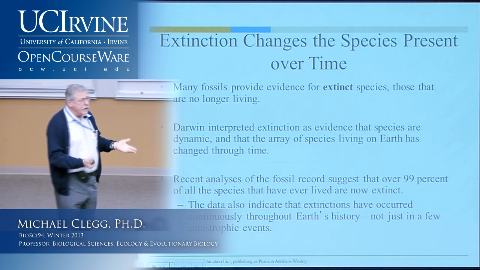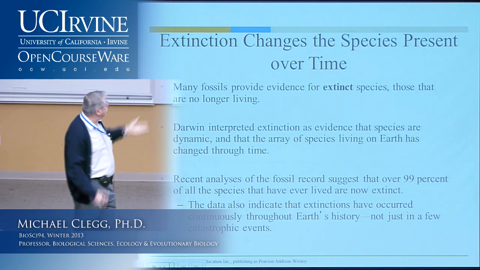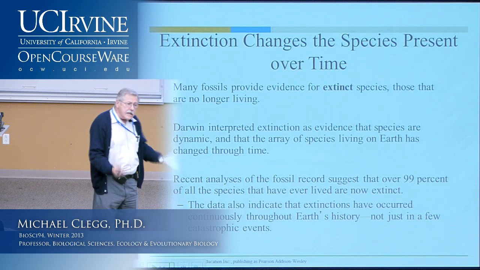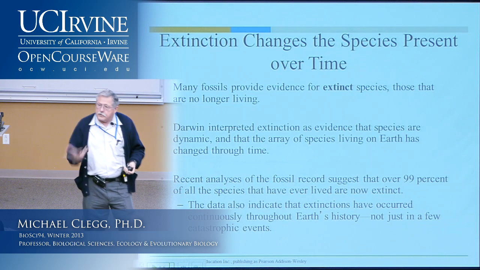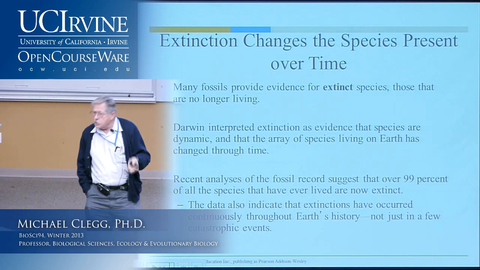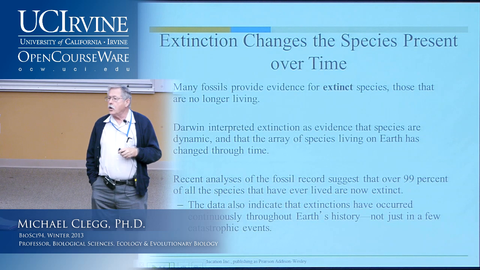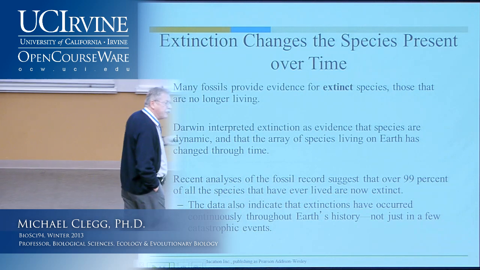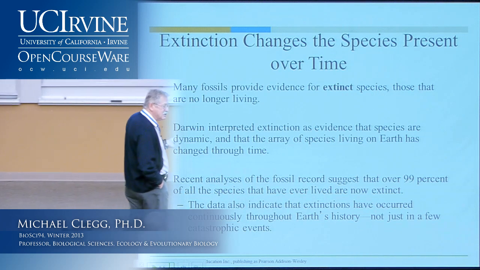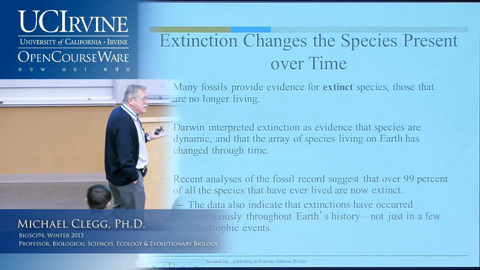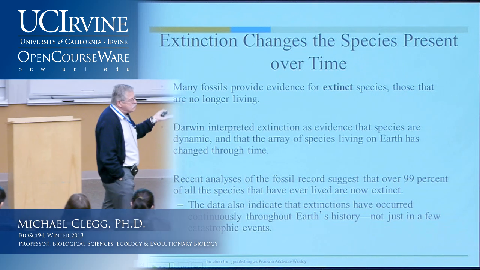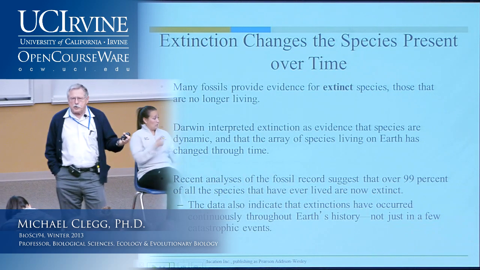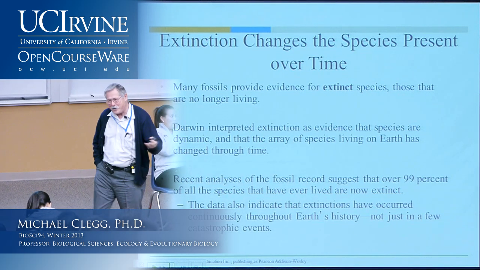And in fact, we now know that extinction is a normal part of life, and that more than 99% of all of the species which have existed in the history of life on Earth are now extinct. We also have a reasonable estimate for the average lifespan of a species. It's about 2 million years. Well, humans are maybe 400,000 or 500,000 years old, so we're only 25% of the way there on average.